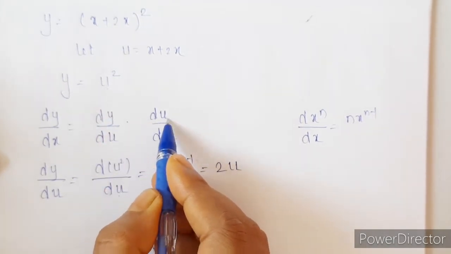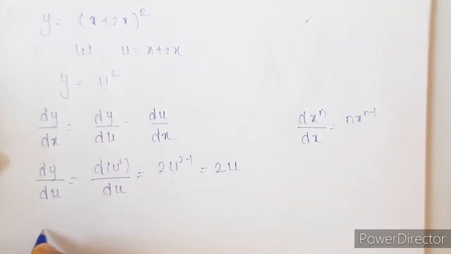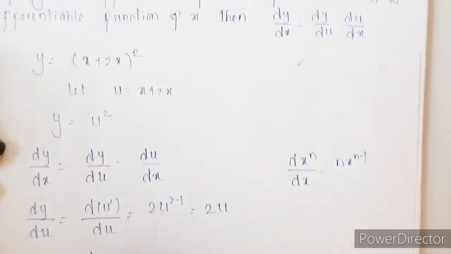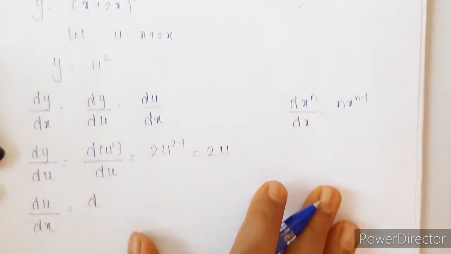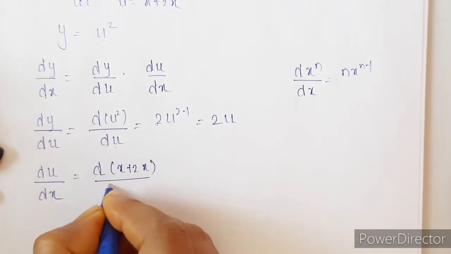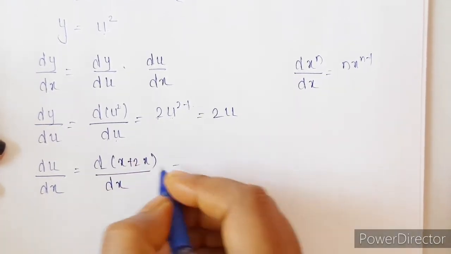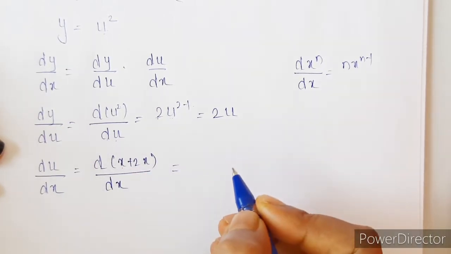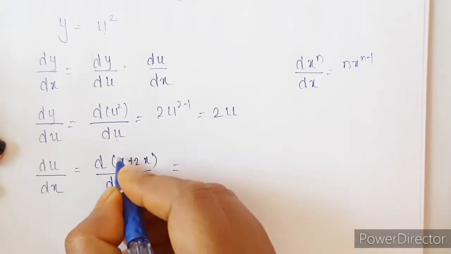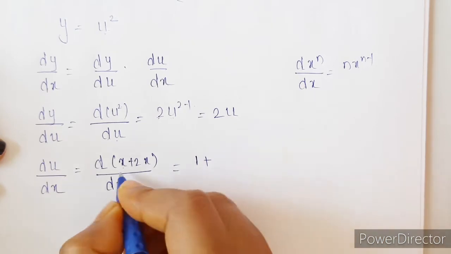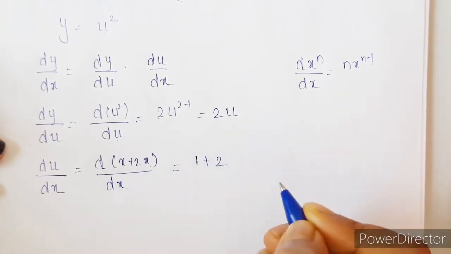Now next is the derivative of u with respect to x. What is u? u is x + 2x. So d(x + 2x)/dx. First we need to differentiate x. The derivative of x is nothing but 1, plus the derivative of 2x, which is 2.